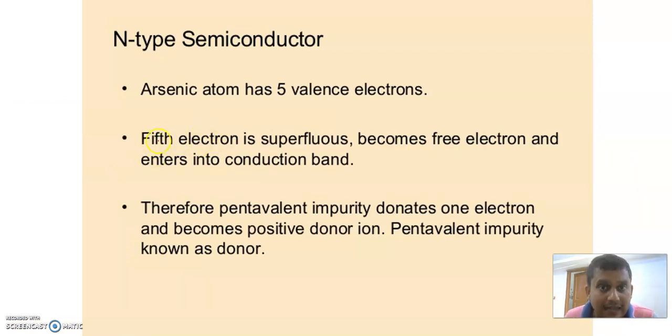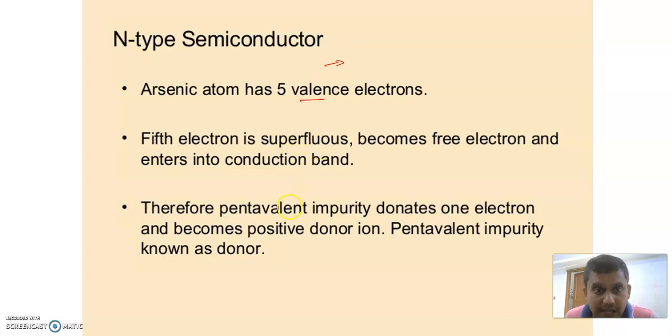As we know, an arsenic atom has 5 valence electrons, that's why it's called a pentavalent impurity. Four covalent bonds are formed with the silicon atoms, and the fifth electron is free, which is donated.